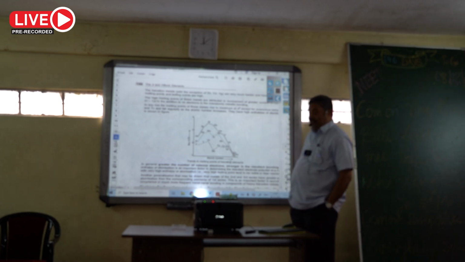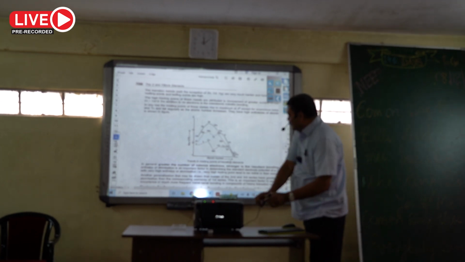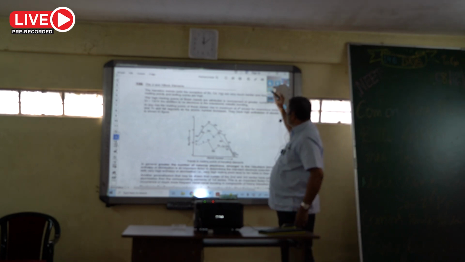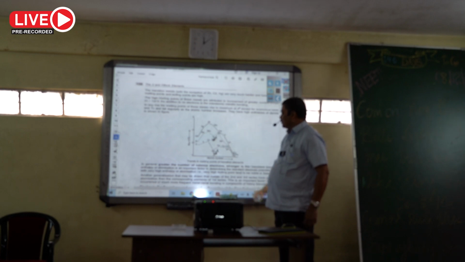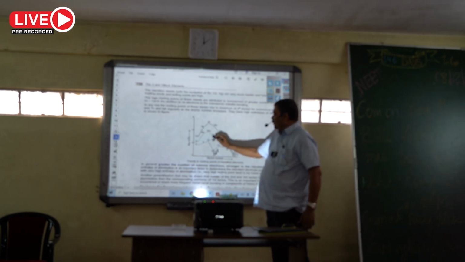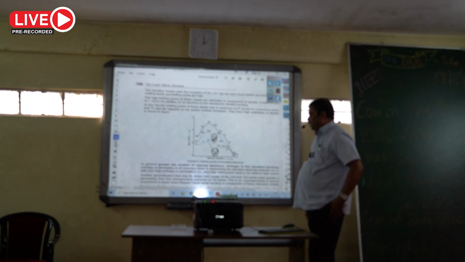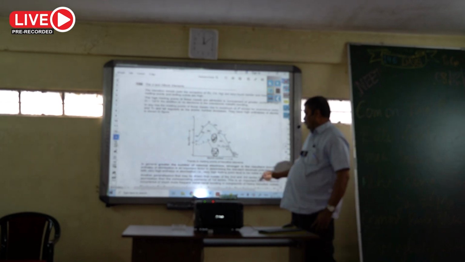What is the reason for it? d5 configuration. So manganese with d5, technetium with 4d5. So half-filled d orbitals do not effectively participate in metallic bonding.